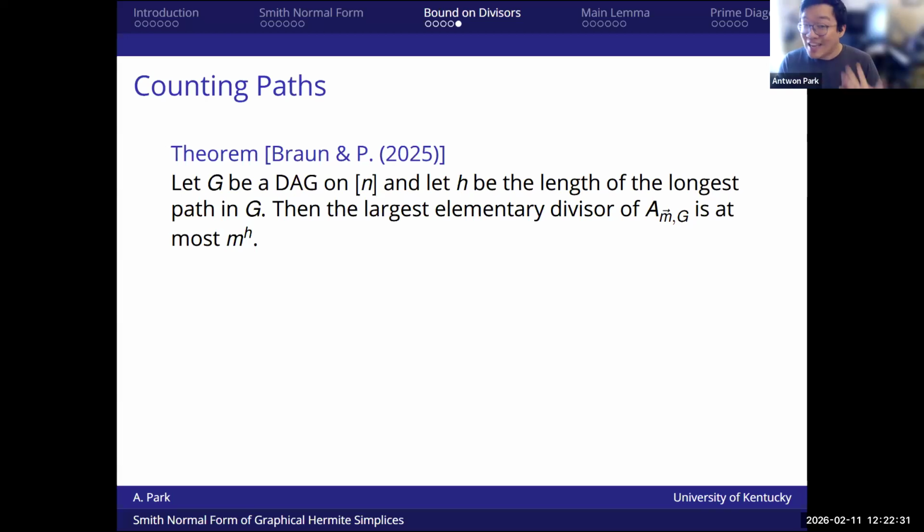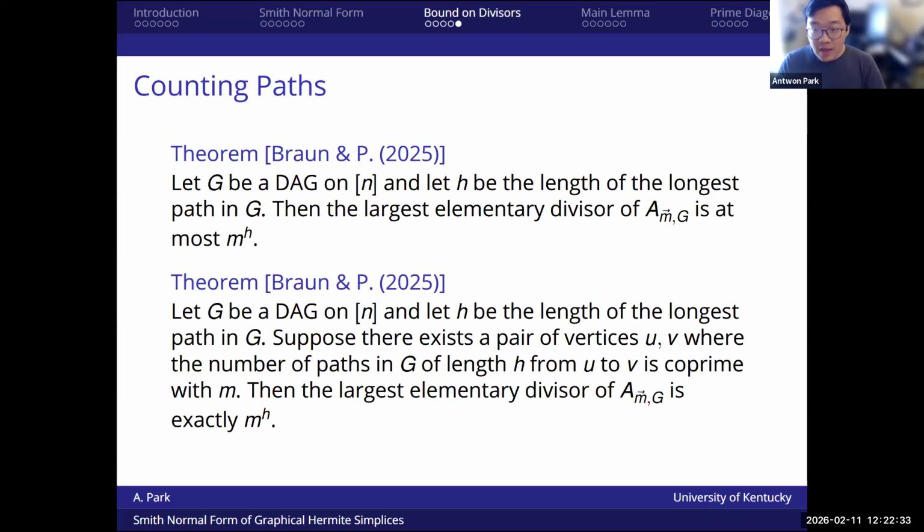And you're going to hit that if you ever have a pair of vertices where the number of paths in G of length h from U to V is co-prime with M. So when you have these co-prime numbers of paths of maximum length, that is the case where you have exactly M to the H showing up as the largest elementary divisor.